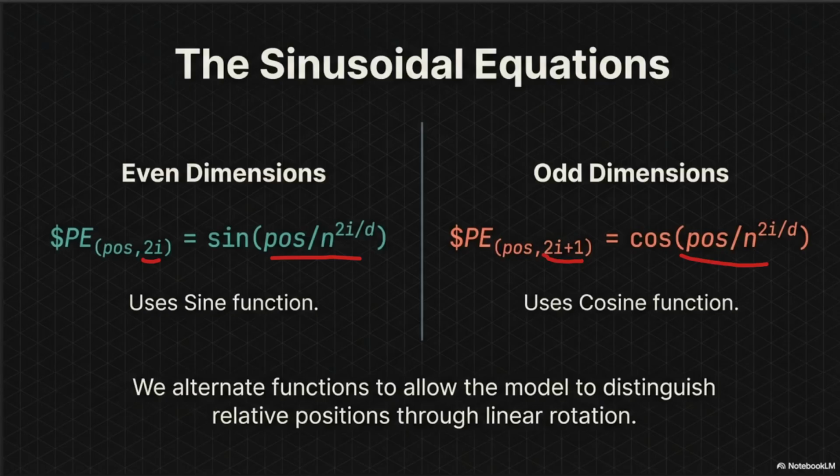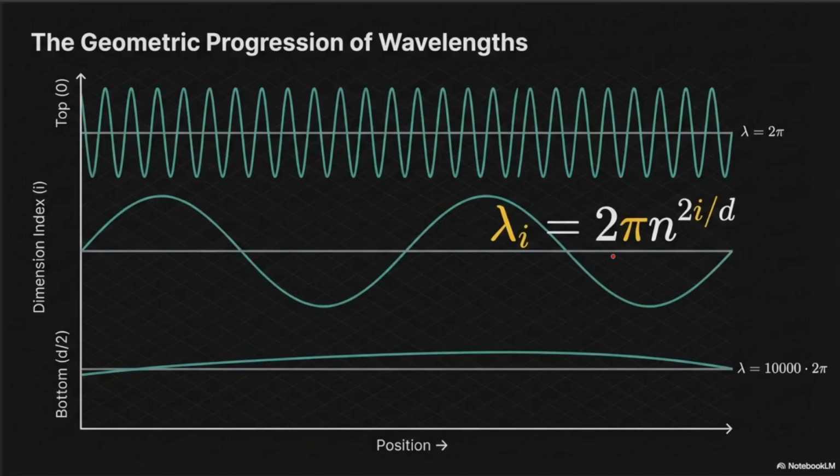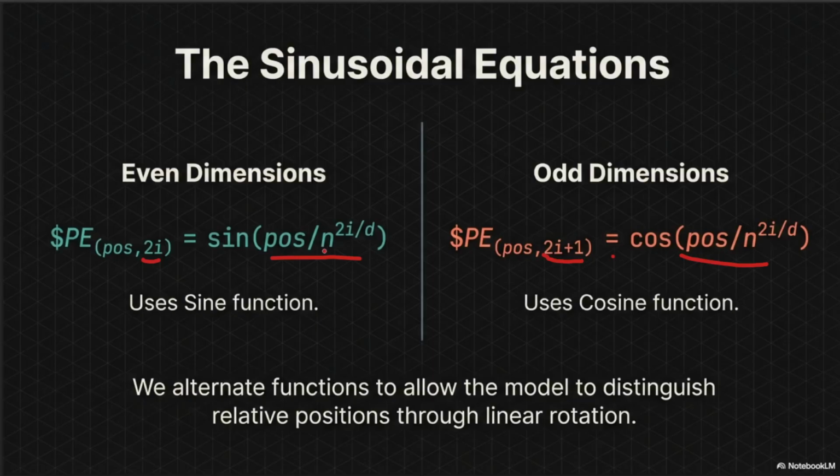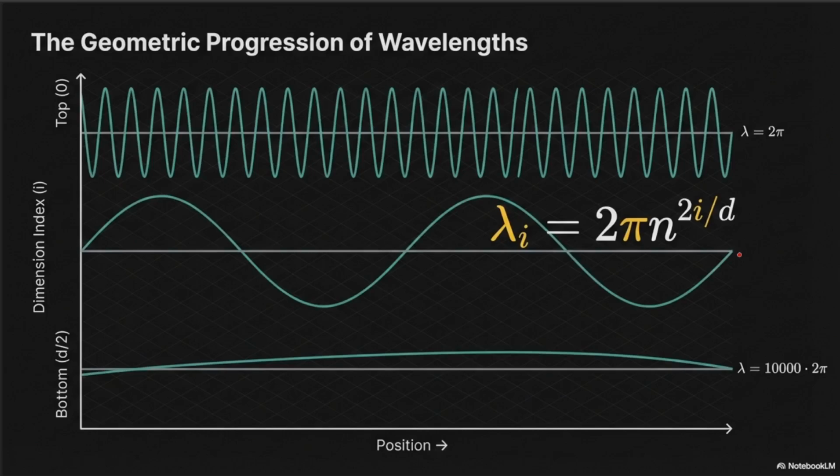So let's break down that argument. The magic lies in the denominator, n to the power of 2i divided by d. When i is 0, so the first dimension, the power is 0. So the denominator is 1. The wavelength is tiny, just 2 pi.